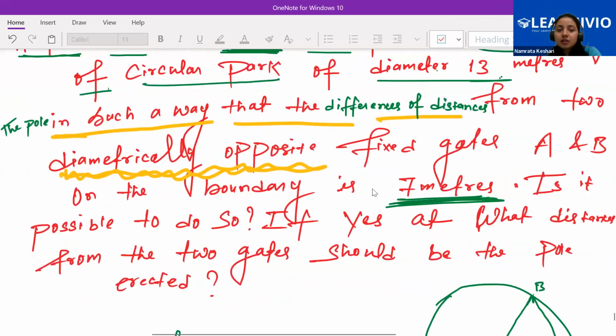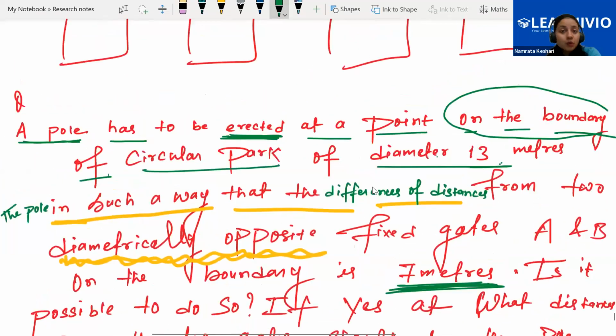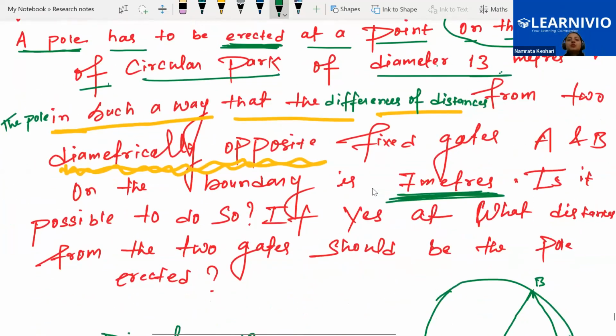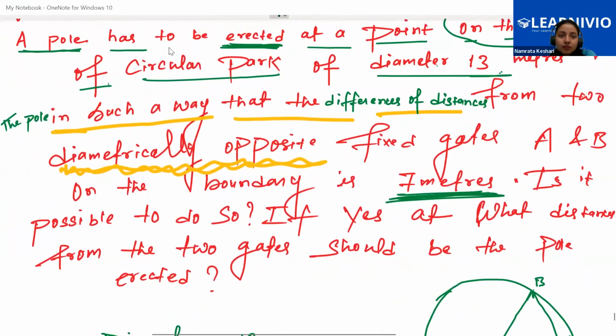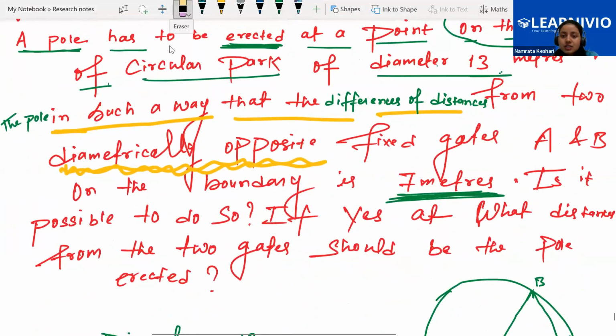Let's make the quadratic equation, as this one is from quadratic equations. In exam you have to understand the statement, and then you will be able to understand it's from quadratic equations. What the question says is the difference between the distances.